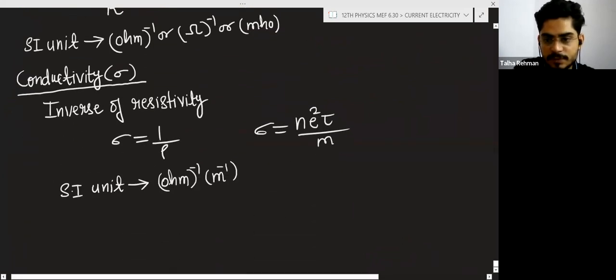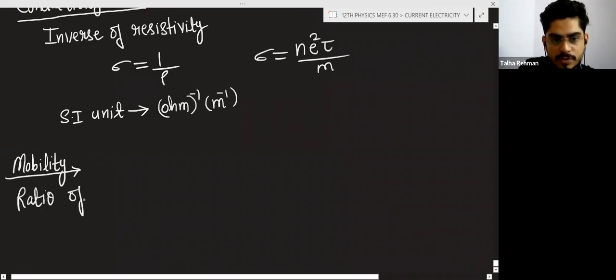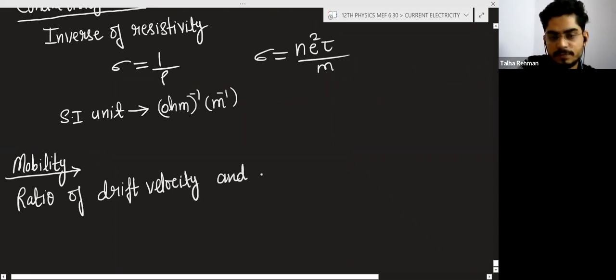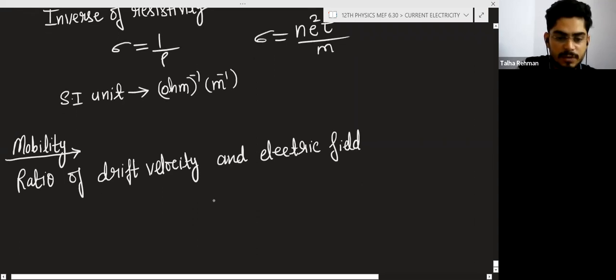Now there is another term, mobility. Mobility is related to the motion of electrons. Mobility is the ratio of drift velocity and electric field, and it is represented by mu.